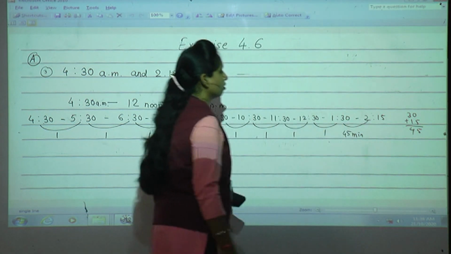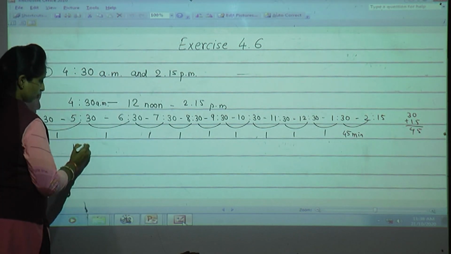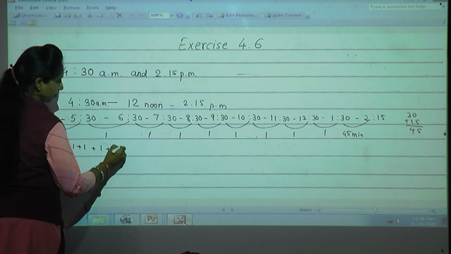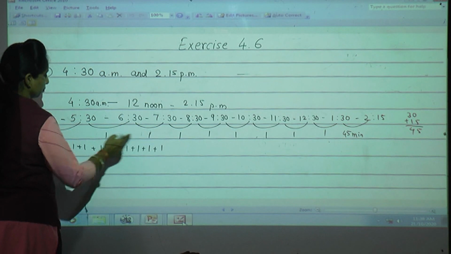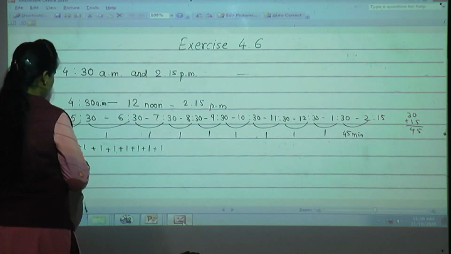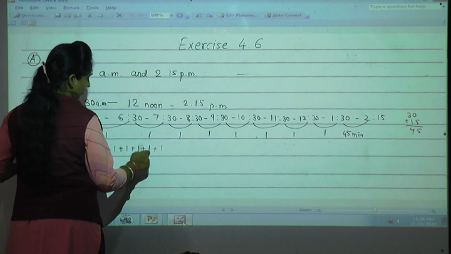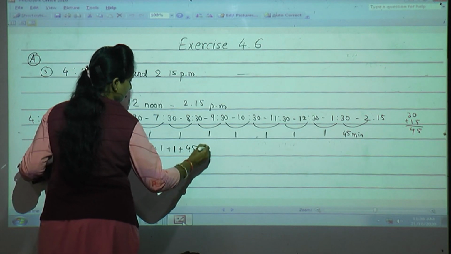minutes. So we will add all: 1 plus 1 plus 1 plus 1 plus 1 plus 1 plus 1 plus 1 plus 1. 1, 2, 3, 4, 5, 6, 7, 8, 9, plus 45 minutes.